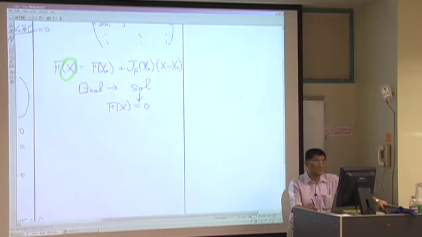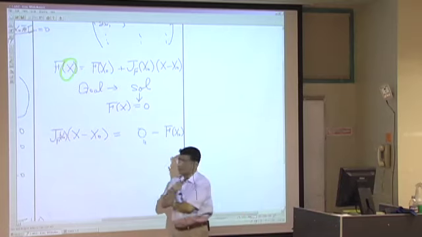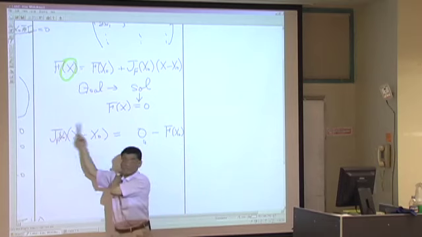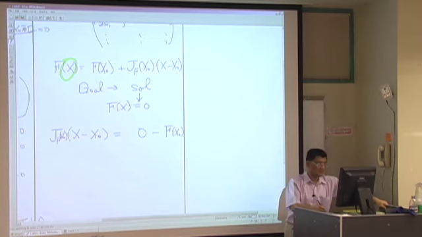If we solve this for x, then x minus x0 multiplied by the Jacobian at x0 equals minus F of x0, because it's 0. And then we multiply both sides by the inverse matrix of the Jacobian.